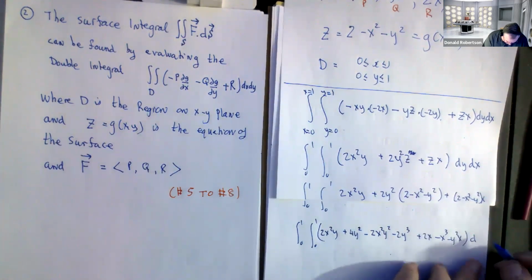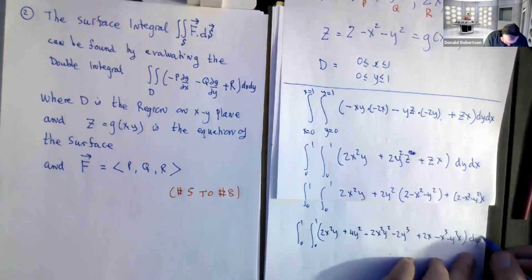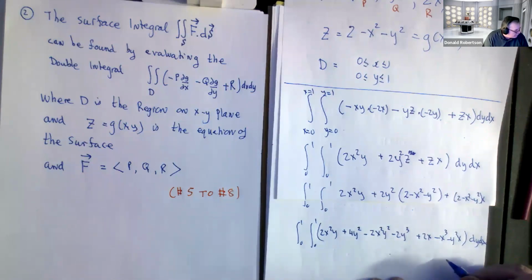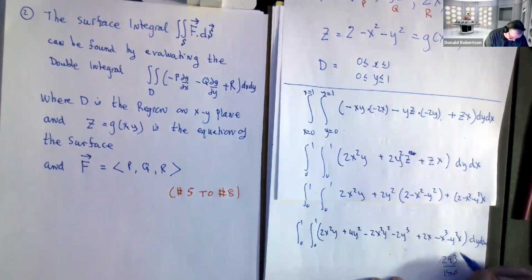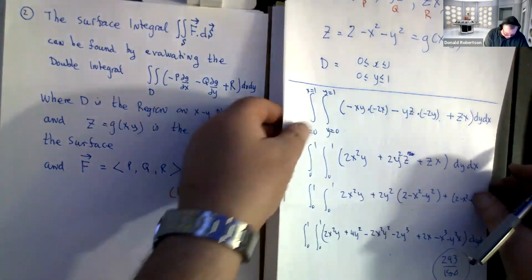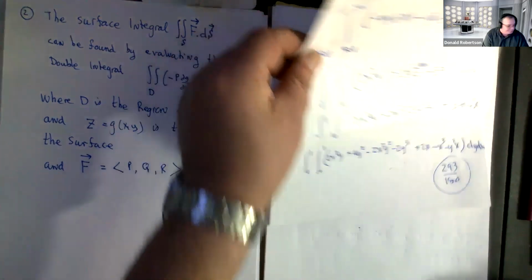And then you can do dy dx. Now, I know that is ridiculously big and ridiculously ugly, but it is doable. It's just a normal double integral. I don't see any variables separable, so you'll have to do it the long way, and according to the answers in front of me, it's 293 1/80ths when you're finished.